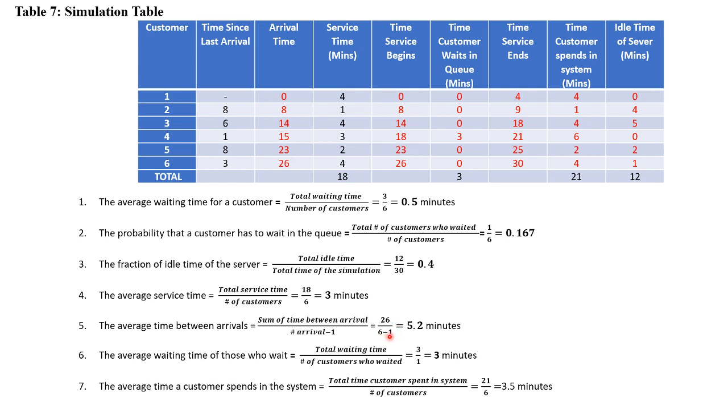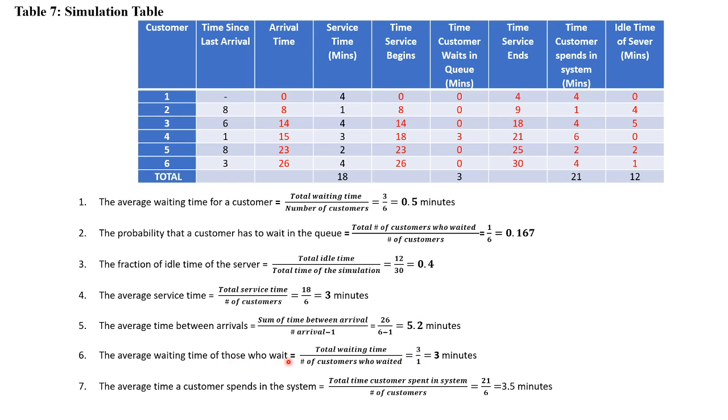We make it 6 minus 1 because there is no time between arrivals for customer 1, so that is nil. So we are going to have 1, 2, 3, 4, 5. This 26 is just the addition of these 5 customers. So it's going to be 26 divided by 6 minus 1, which is equal to 5.2 minutes.